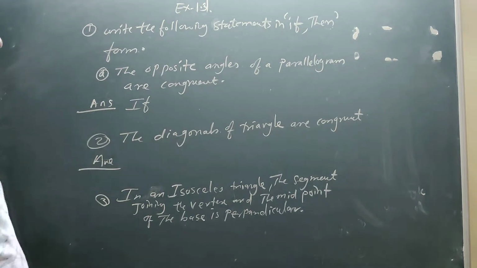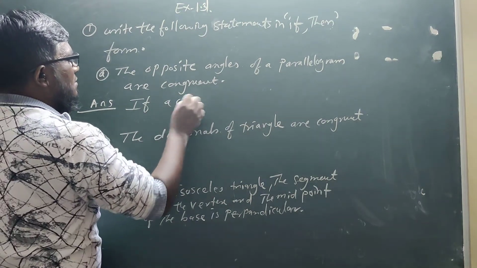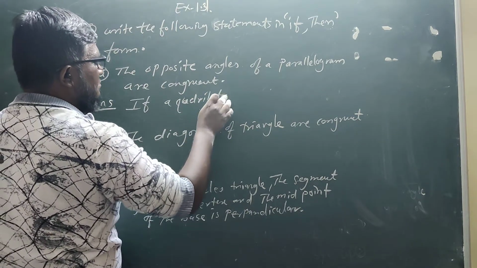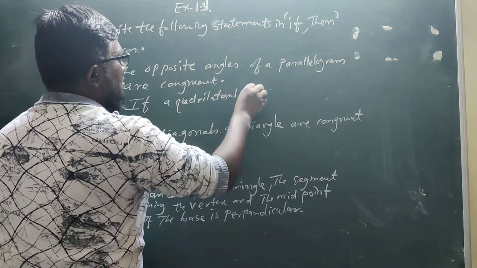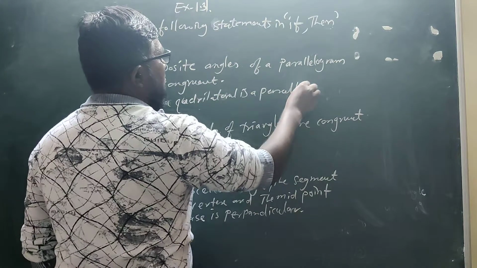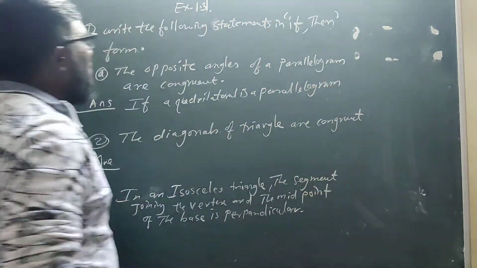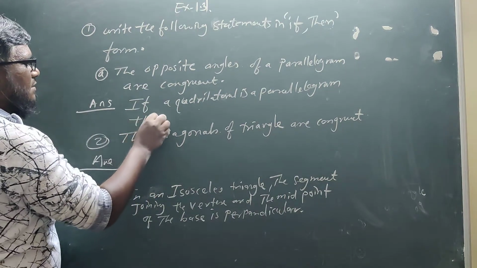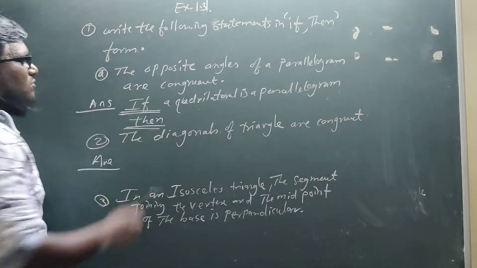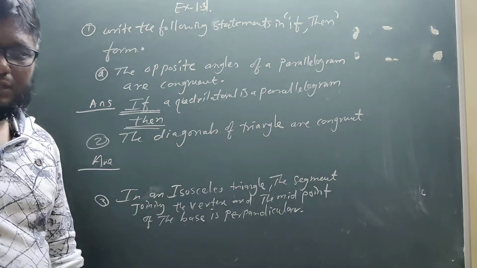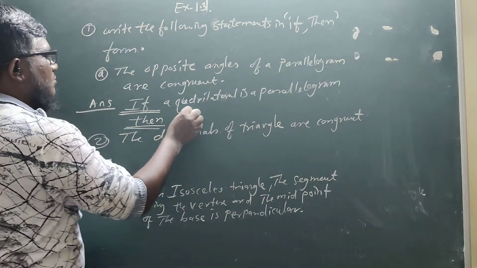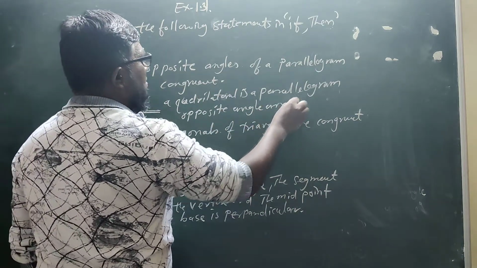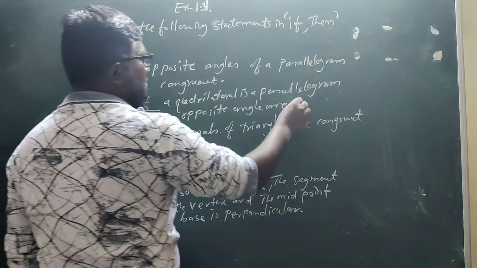If a quadrilateral is a parallelogram, then opposite angles are congruent.